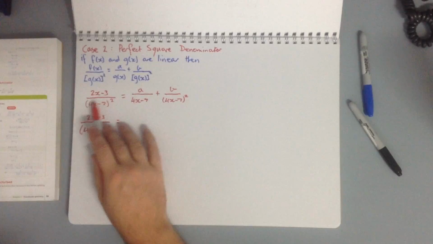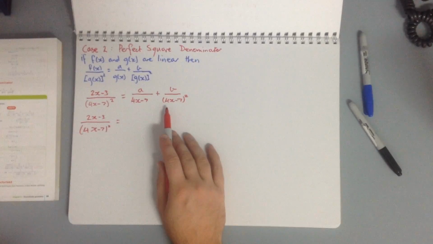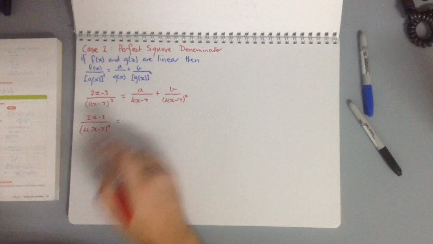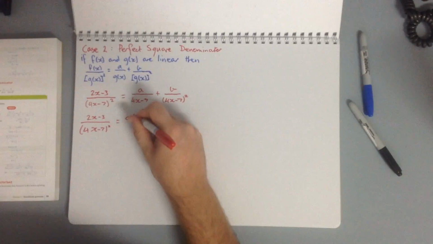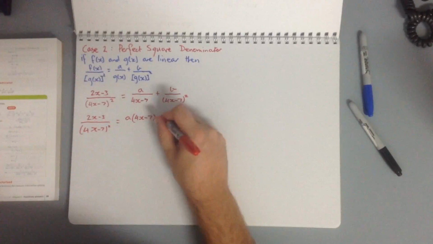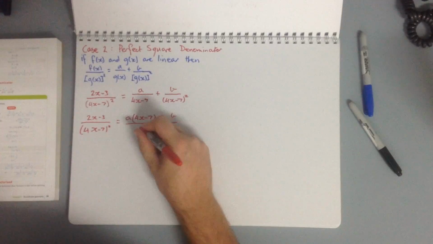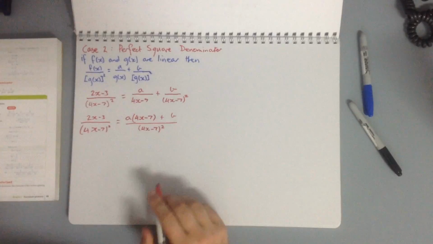This denominator is the denominator that we need, so we're not going to do anything to this term. Okay, we're just going to multiply our a term by our 4x take 7. So we'll go a outside of our 4x minus 7, okay, plus our b that we're not changing, all over our 4x take 7 squared.